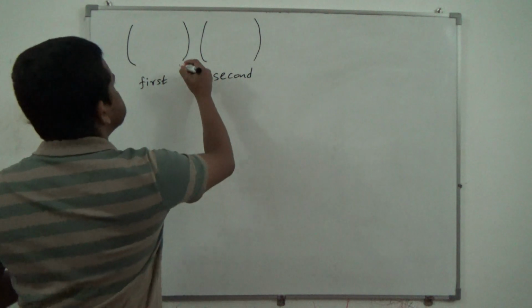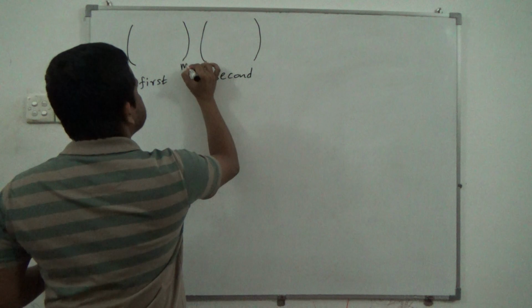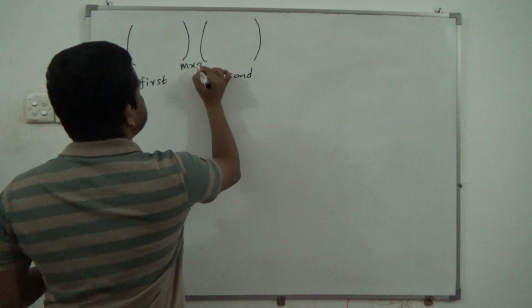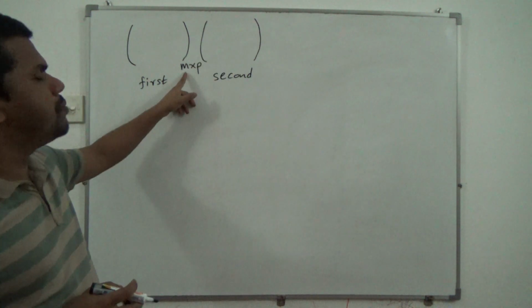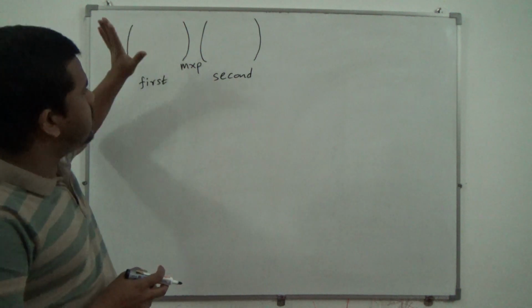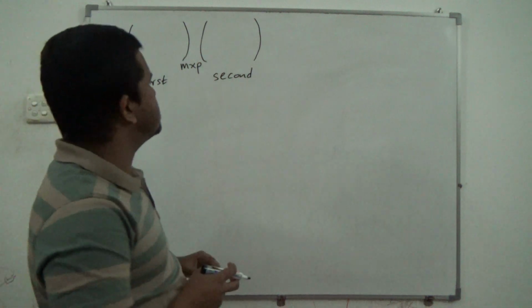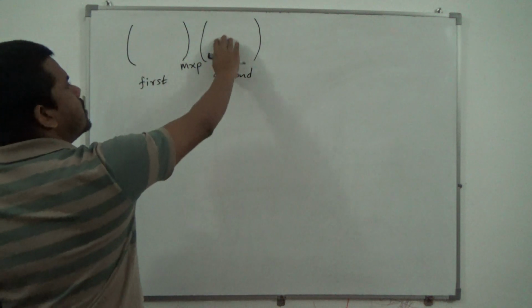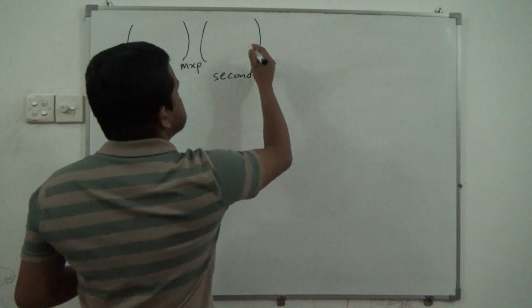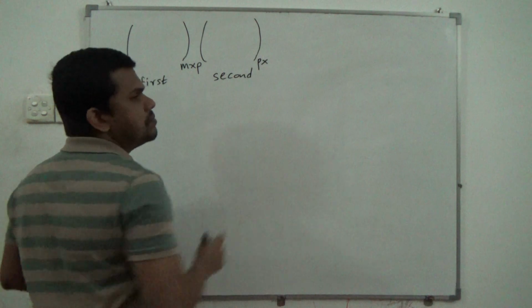Let's say the type of the first matrix is M cross P. That means there are M number of rows and P number of columns. Now, in order to be able to multiply these two matrices, the type of the second matrix must be P cross something.